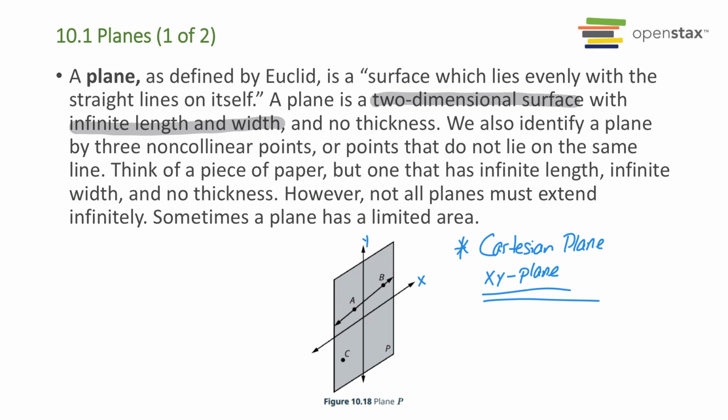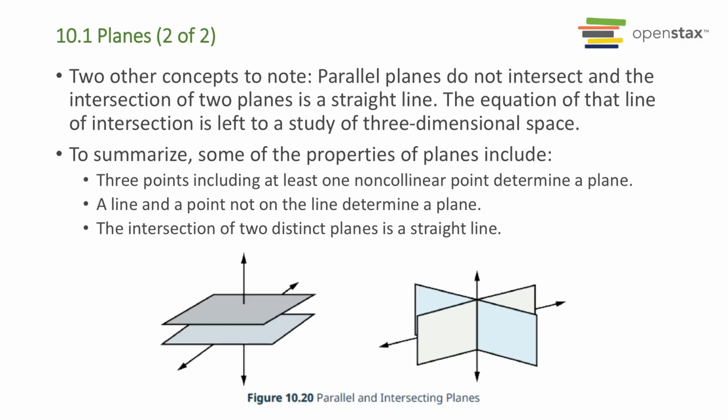So if this was X and this is Y, this is where we graph stuff. It does say not all planes must extend infinitely. Sometimes they do have limited area. That's fine. But in the case of the Cartesian plane, it does extend indefinitely.